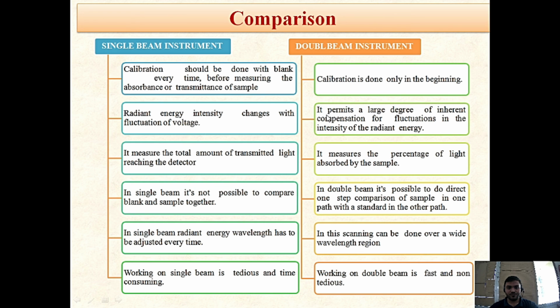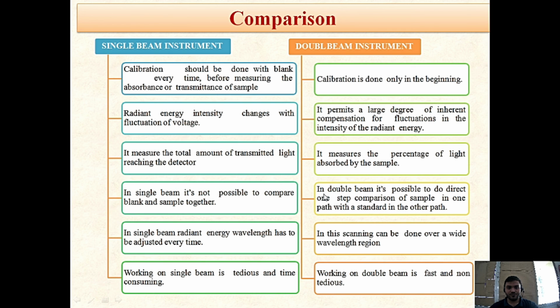On the other hand, double beam permits a large degree of inherent compensation of fluctuation in the intensity of radiant energy. Single beam measures the total amount of transmitted light reaching the detector. On the other hand, double beam measures the percentage of light absorbed by the sample.